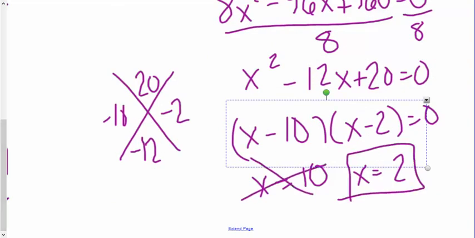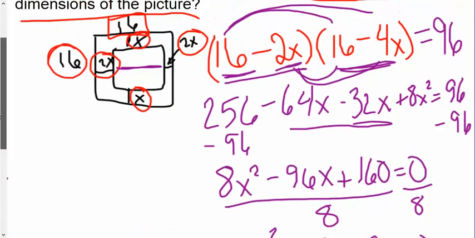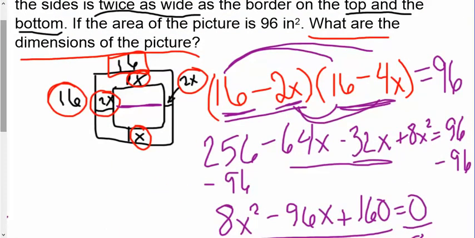And now that I know x is 2, I need to double check my work and see if I've answered the question. It says, what are the dimensions of the picture? And I know the dimensions of the picture aren't 2. 2 is actually the width of the border. So what we need to do is plug that back in.